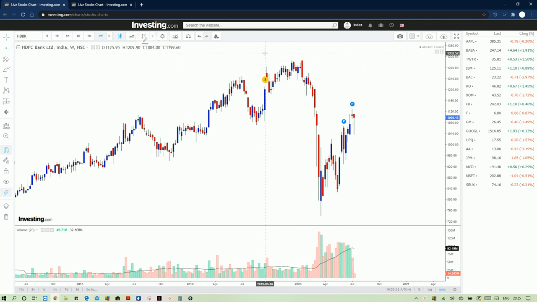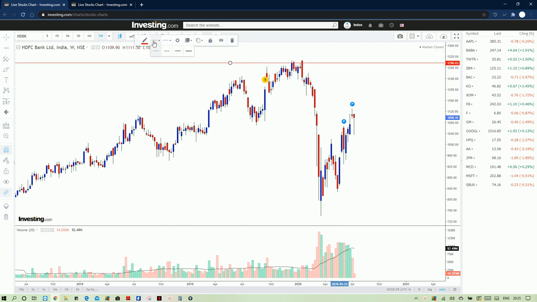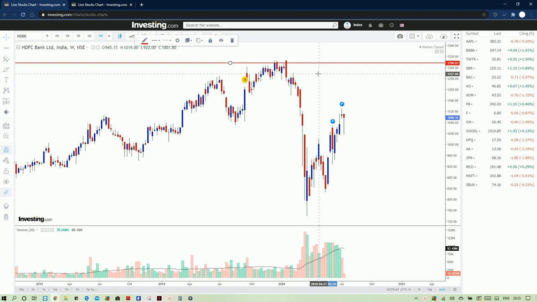The higher high is somewhere here. So we have drawn a line here, and that point is the resistance point where the closing should not be above the horizontal line we have drawn. That means that is the resistance point. There is not a single weekly closing above this point.